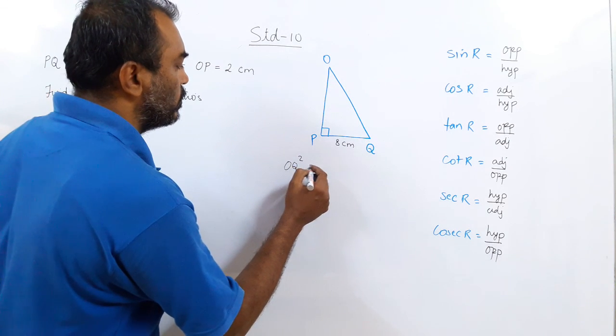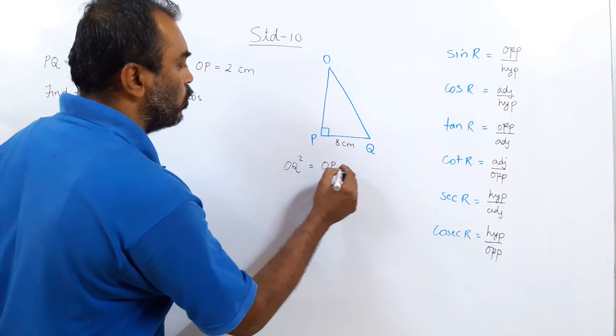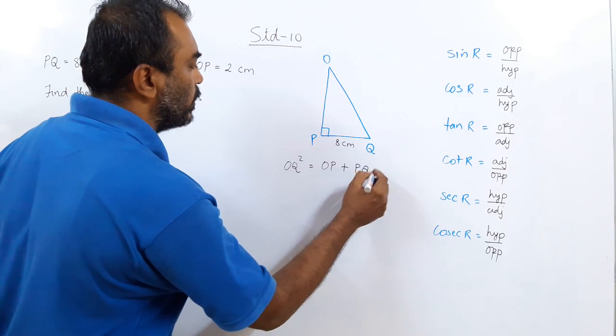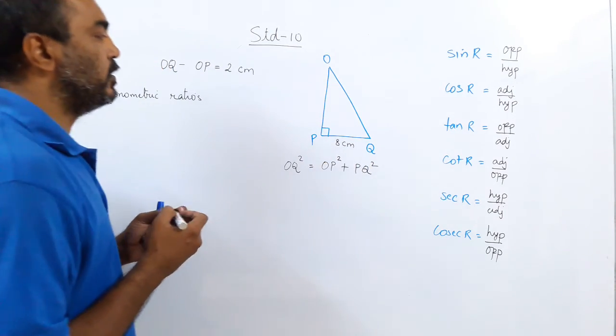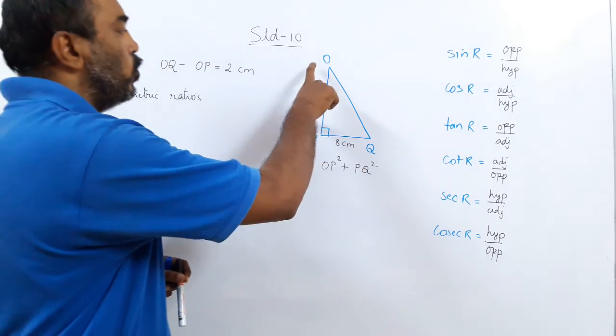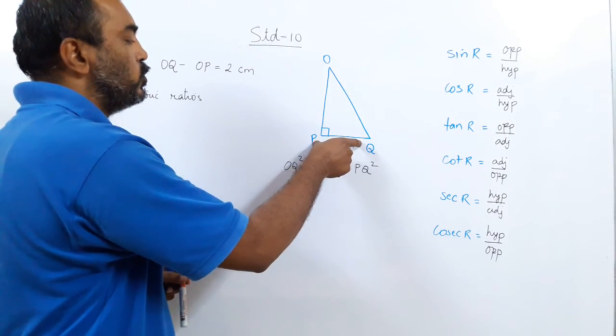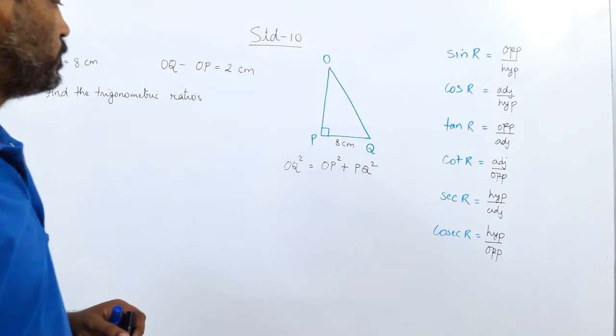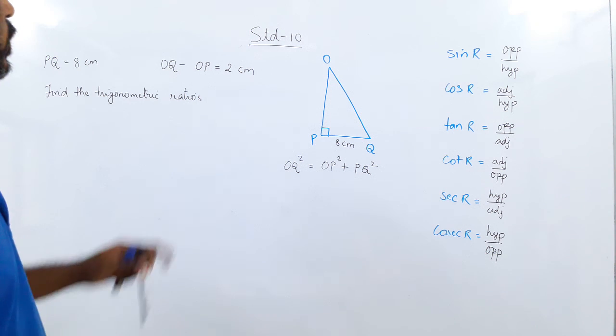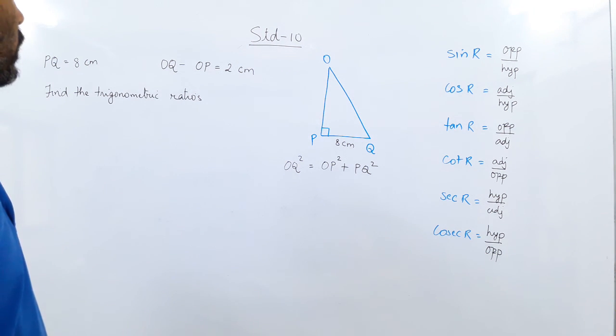OQ square equals OP square plus PQ square. Right? The Pythagoras theorem. Now, the value of OQ is not given.